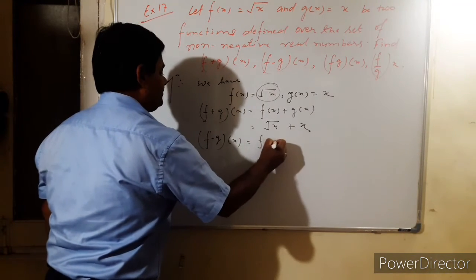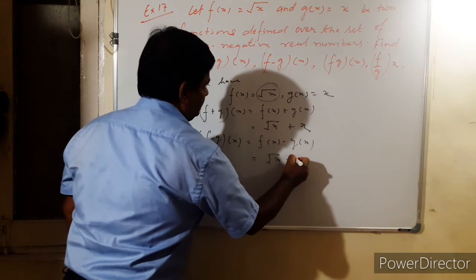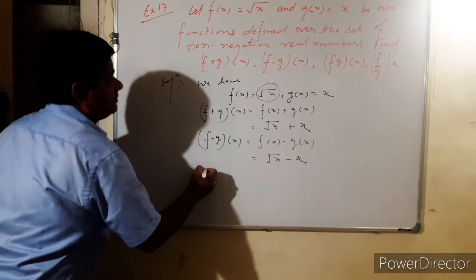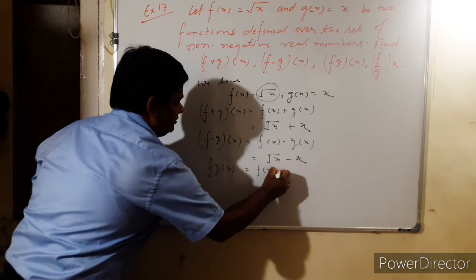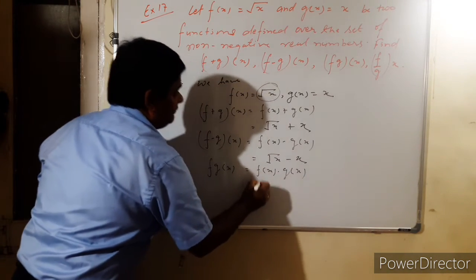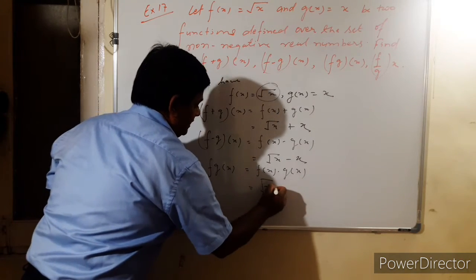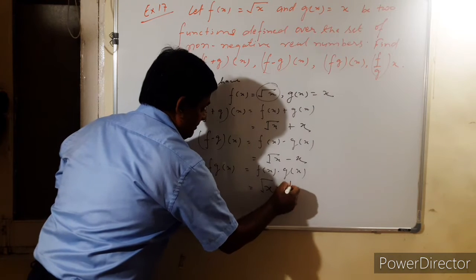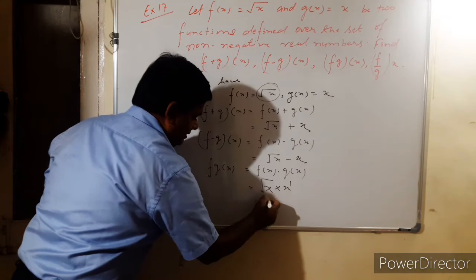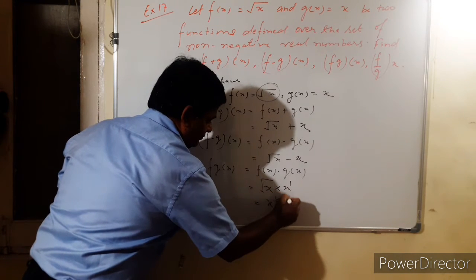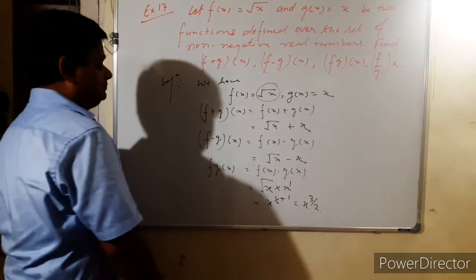It means f(x) minus g(x), root x minus x. Then (fg)(x) means f(x) into g(x). Here f(x) is root x, the power is 1 by 2. On the same base the powers are added, 1 by 2 plus 1 becomes x raised to the power 3 by 2.